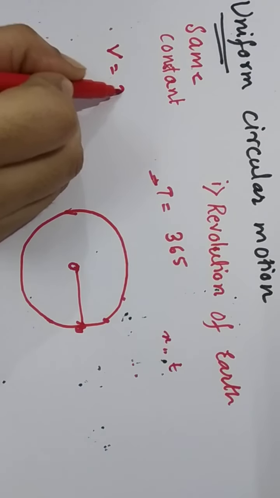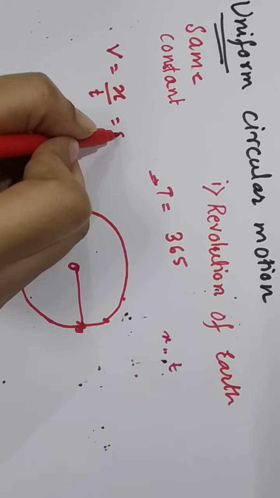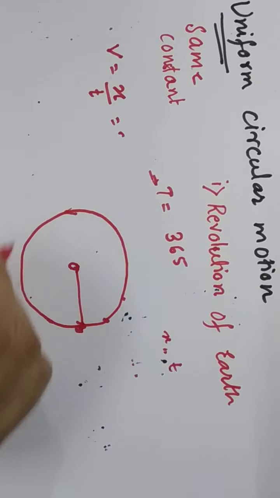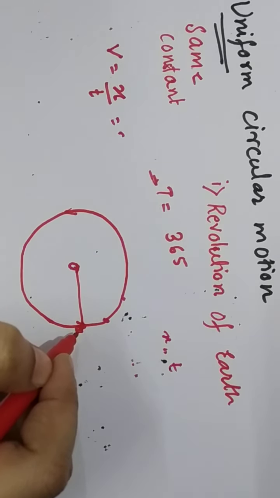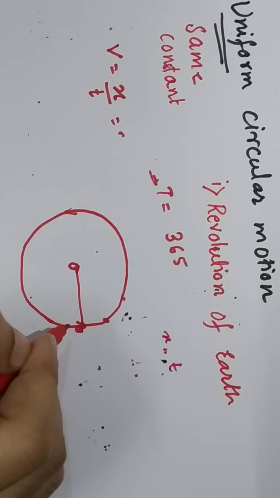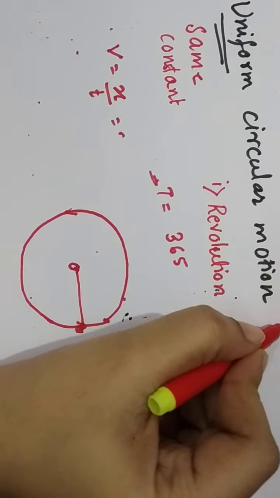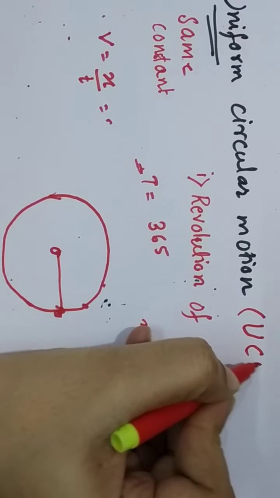It is nothing but distance upon time, or rate of change of distance. The speed of the Earth is constant, you can say. So the motion performed by the Earth along the circumference of a circle, or along its orbit, is with a constant speed. So this motion will be called uniform circular motion. In short form, it is written as UCM.